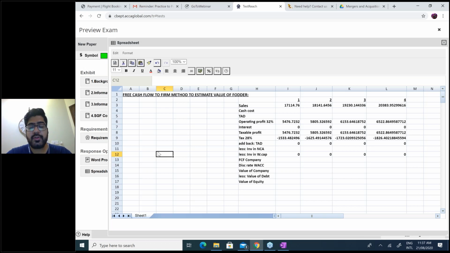Why did I write 0, 0, 0, 0? Because TAD was equal to working capital. One thing is adding and working capital is deducting.